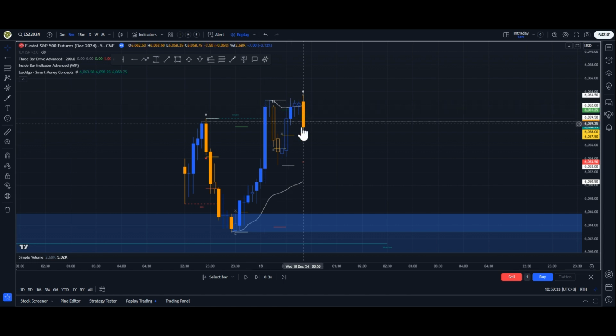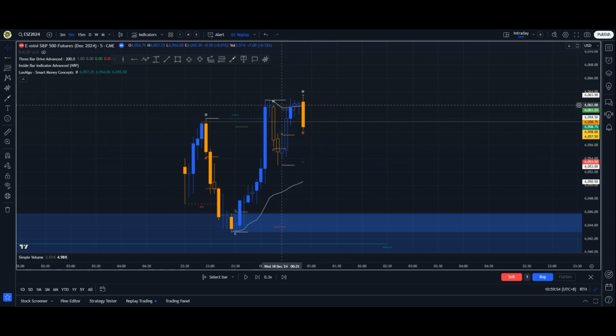This is the candle where the signal comes. There is a sweep above this high and there is a close. So ideally, the trade should be taken from here, but I did not. By this time, I was feeling tired and like I had closed the market. But this is the trade that should have been taken.